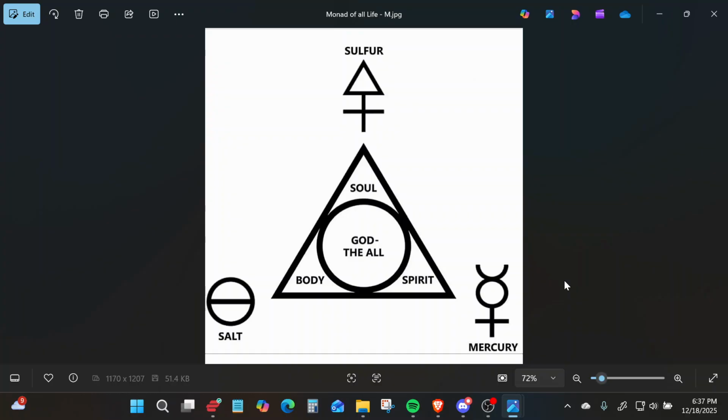They all relate to the same thing. Also, sulfur is fire, mercury is water, salt is earth. You could analyze it down to every bit. It's the all.